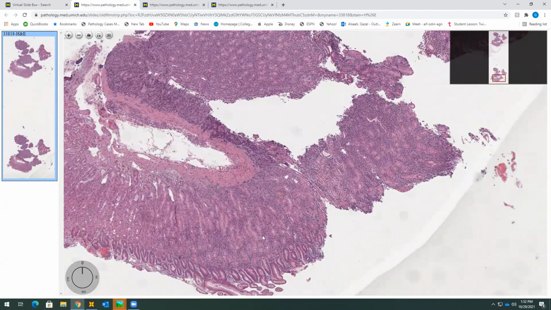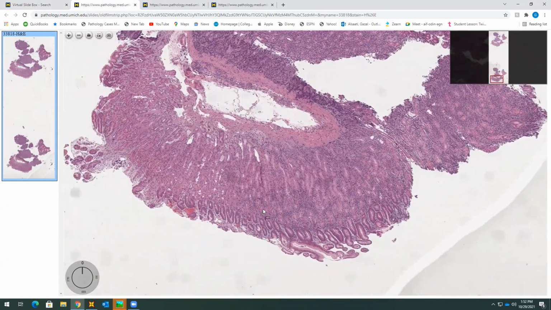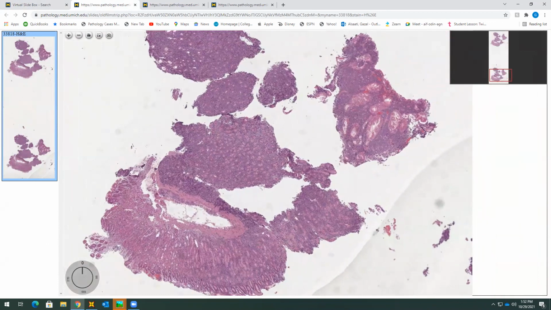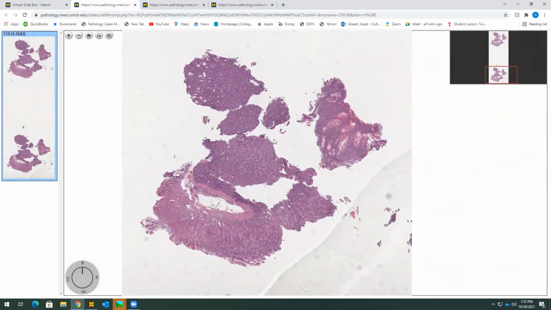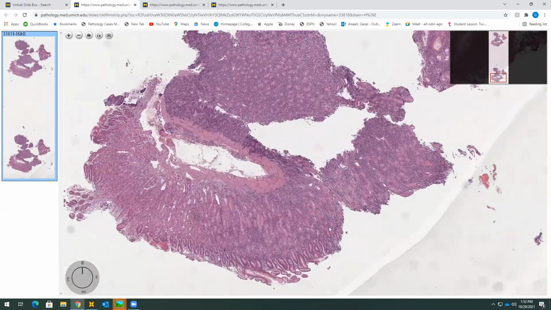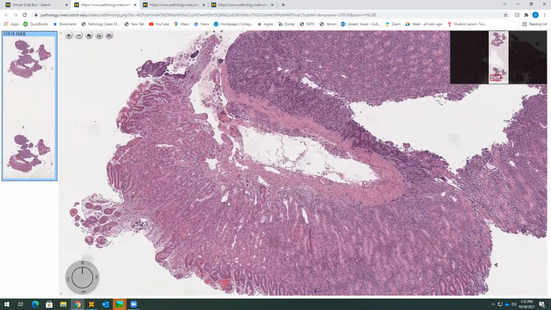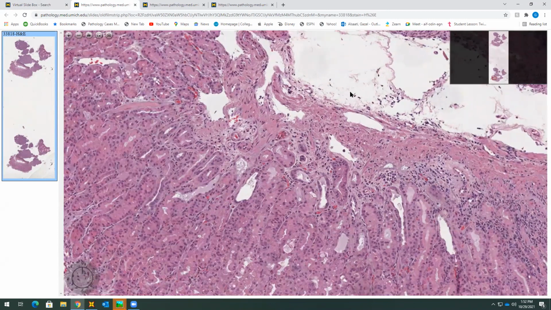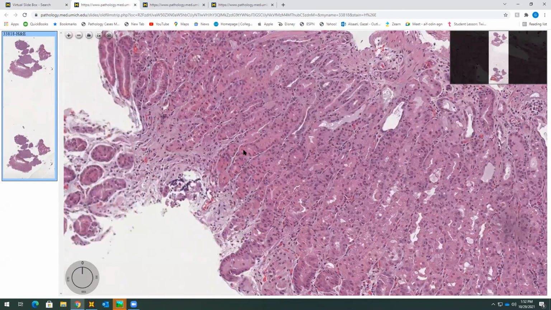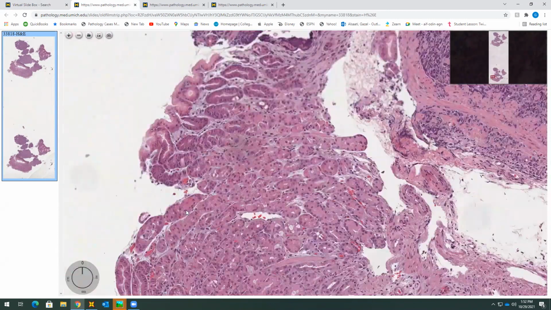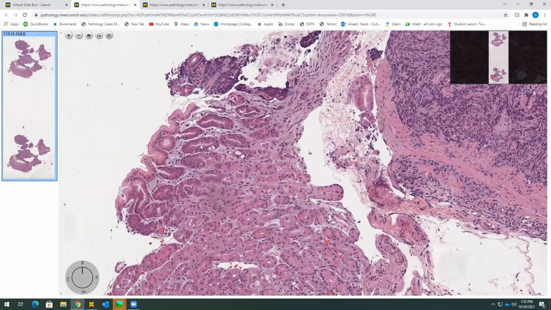For sure, looking at low power, this is a darker sample than I usually get. High power, I'm locating that to be my body. Screening for IM on my epithelium, I don't think so.